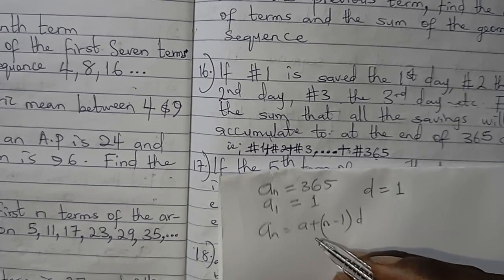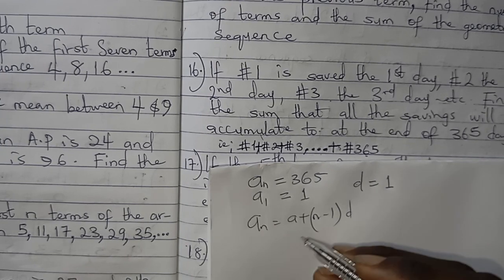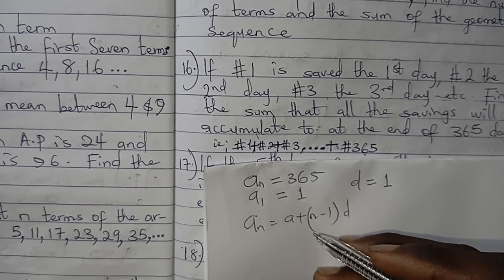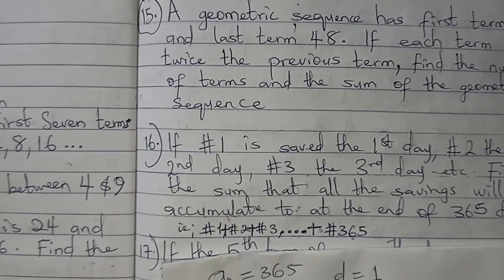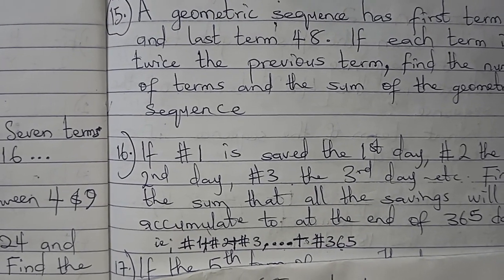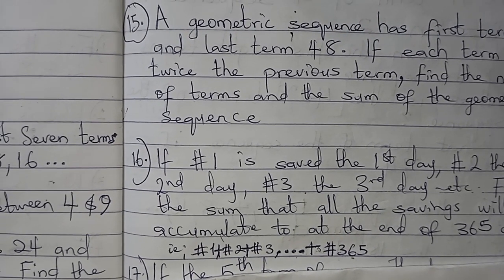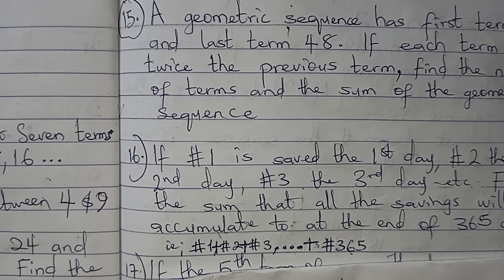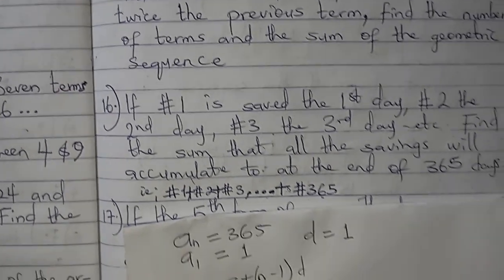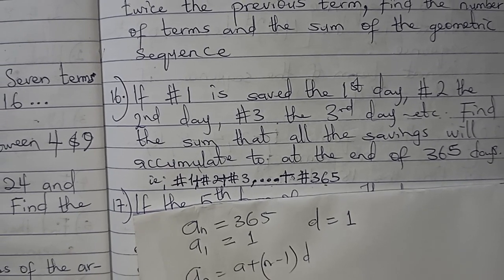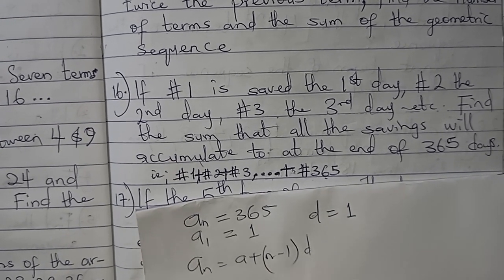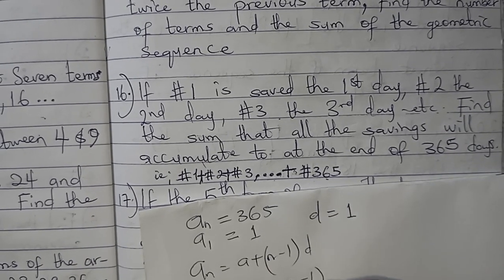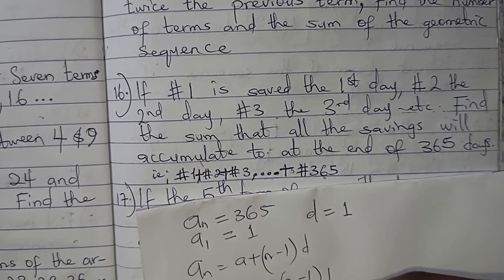Was I given n, the number of terms? I received the first day, second day, third day. Find the sum of all the savings. So I'm not given n, the number of terms. So let me do 365 is equal to 1 plus n minus 1 times 1.